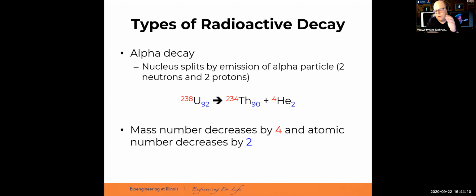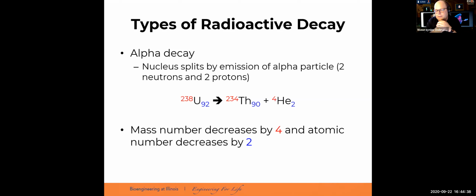So if you place an alpha emitter on your skin, it will not penetrate through the skin. Therefore, you may say that it's safe, because alpha particles are very easy to block by even a piece of paper or the layer of dead skin on the surface of your body. So probably it doesn't cause any problems.